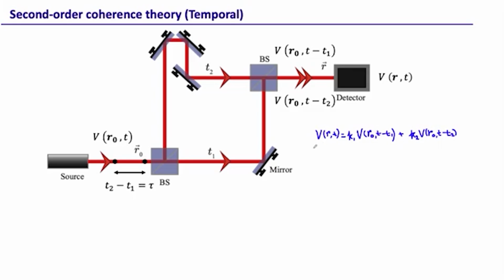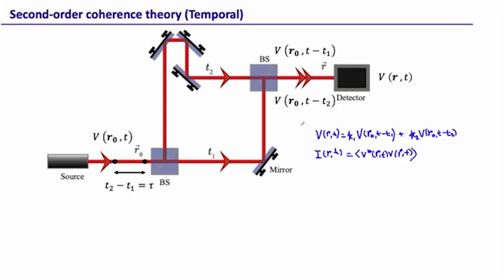Okay. So now the intensity at the detector is I(R, t), and that is, as we had defined earlier, the ensemble average of V star (R, t) times V(R, t).